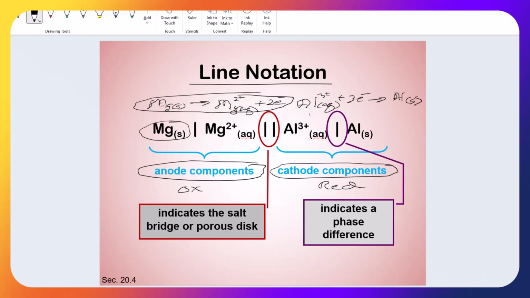And once again, this vertical line is separating phases, and the aluminum is an actual electrode in this voltaic cell. This is what the line notation represents: the oxidation in the anode compartment on the left and the reduction in the cathode compartment that's on the right.